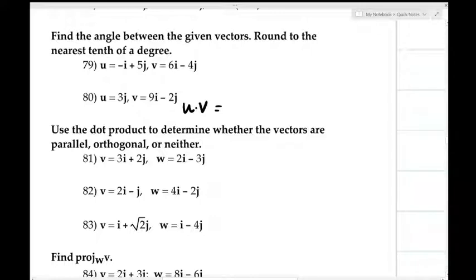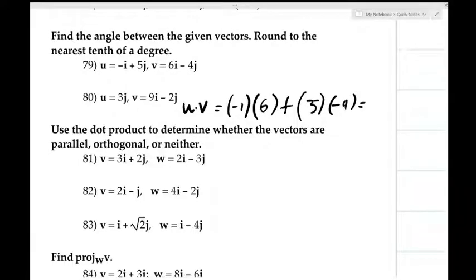So negative 1 times 6 plus 5 times negative 4, so negative 6 plus negative 20 gives us negative 26.